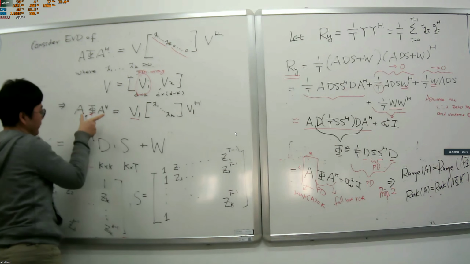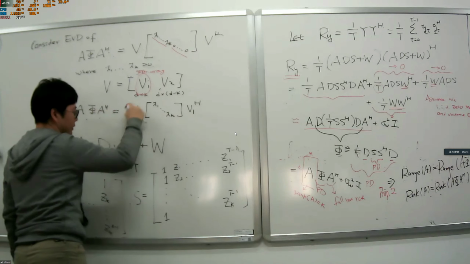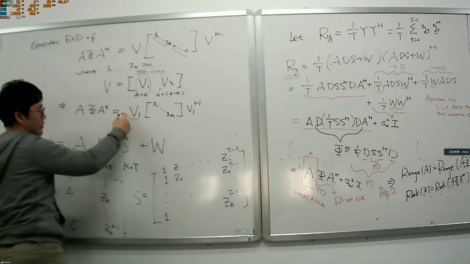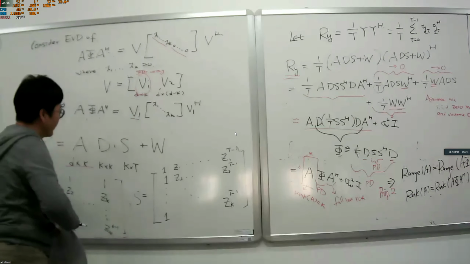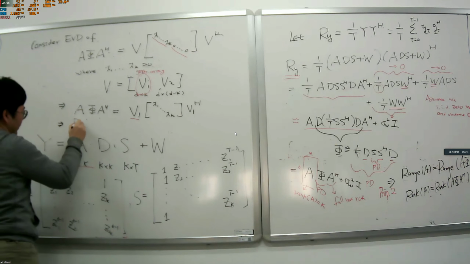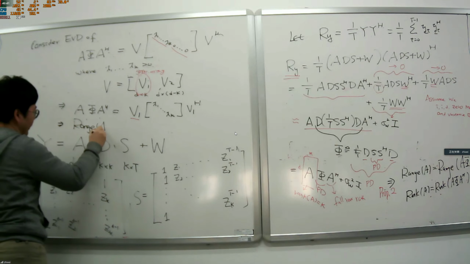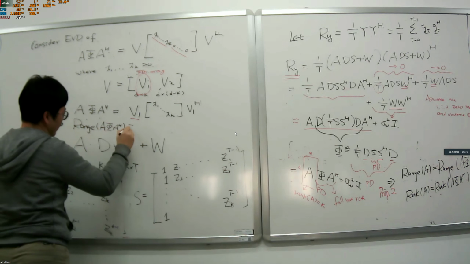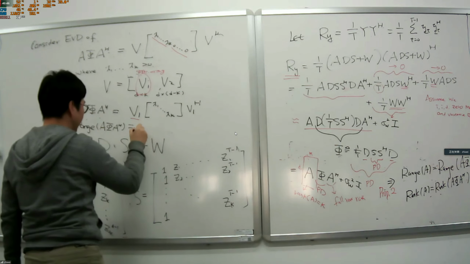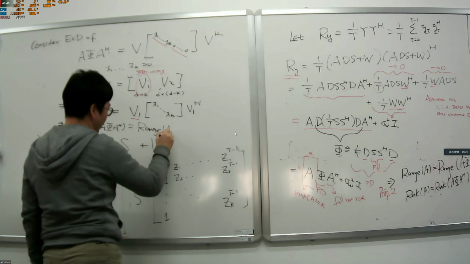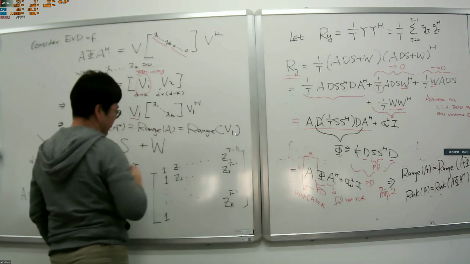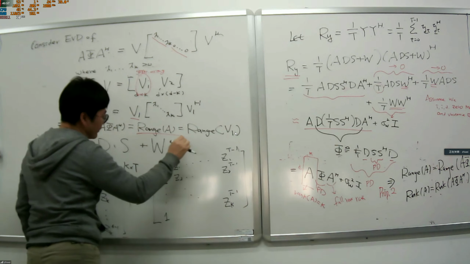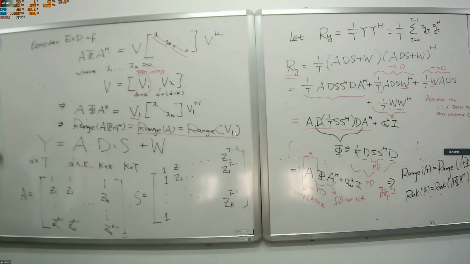So the range space of this matrix is the same as the range space of V1. So we get that the range space of A phi A Hermitian, which we already know is equal to the range space of A, is also equal to the range space of V1.